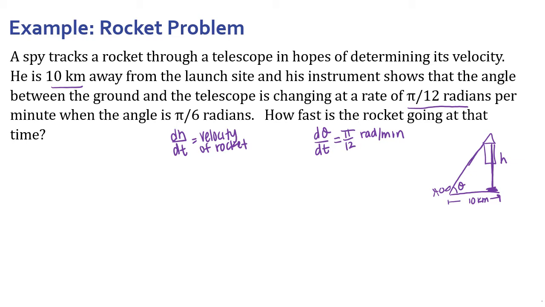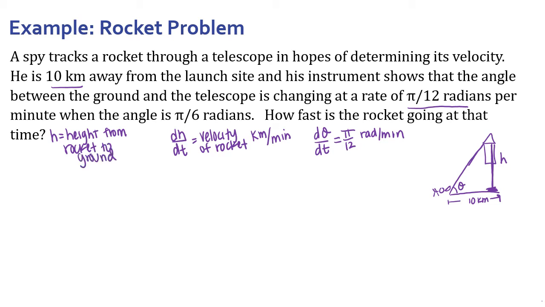Okay, and that's going to be in kilometers per minute, since that's what they told us. And we're letting h be the height, or the distance from the rocket to the ground.